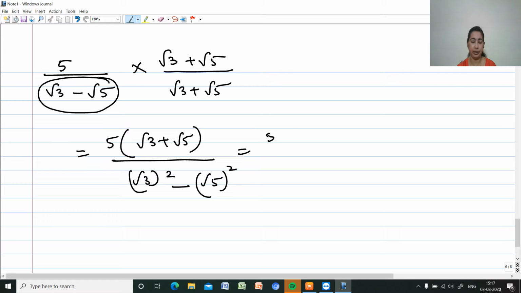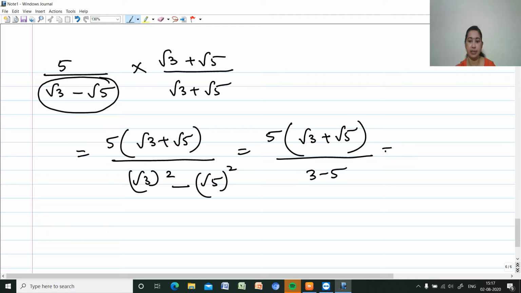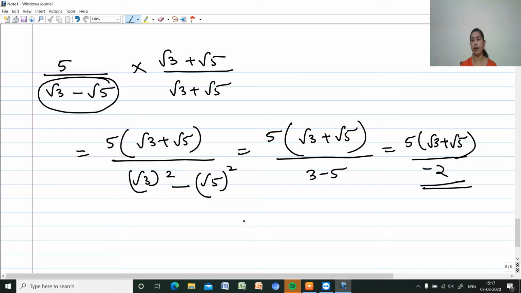That is equal to 5(√3 + √5) divided by 3 − 5, which is equal to 5(√3 + √5) divided by −2. So we should not have a square root in the denominator. Simplifying that, we call it rationalization. So rationalizing the denominator means we have to avoid square roots in the denominator.